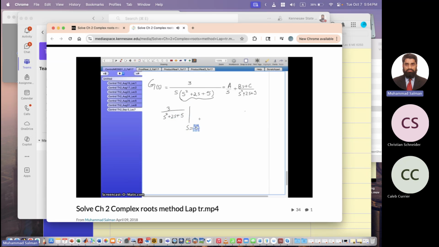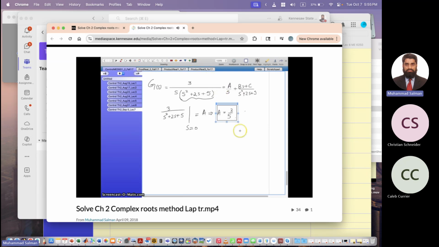Evaluate at s equals 0, you will get a. If you multiply by s over here and evaluate, the second term will vanish, because you multiplied by s. So I'm left with a only, and that a is equal to 3 over 5. This is our first coefficient.